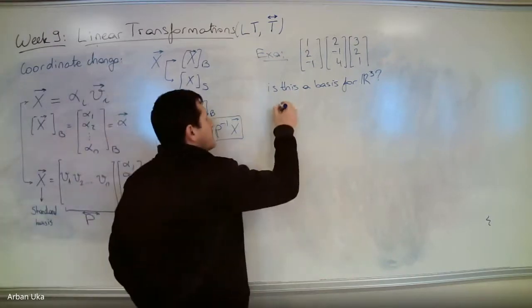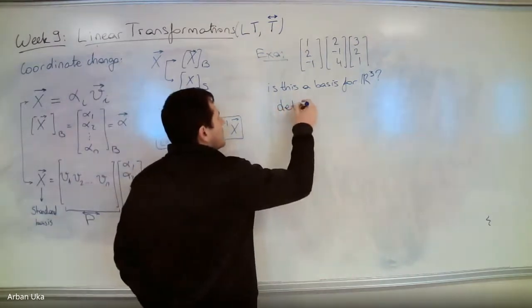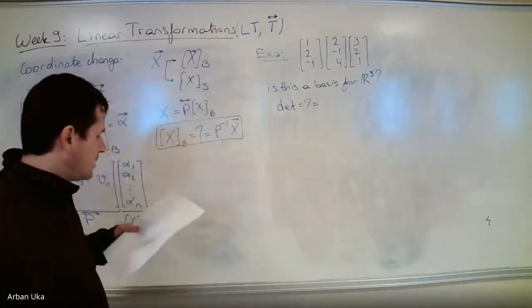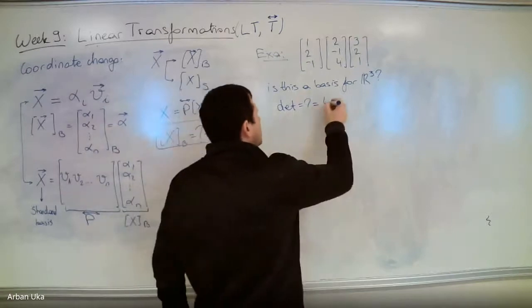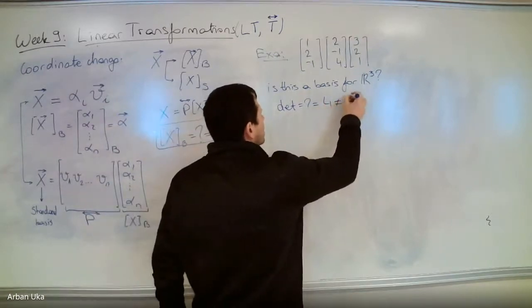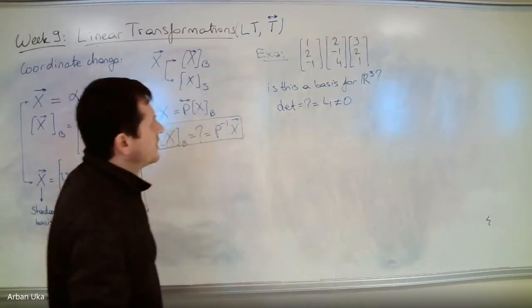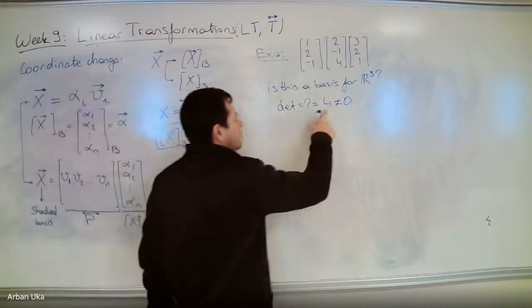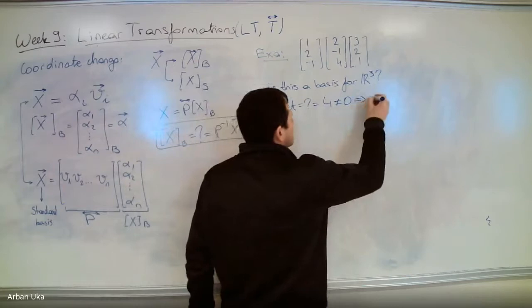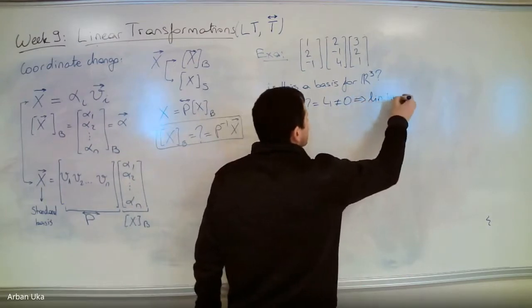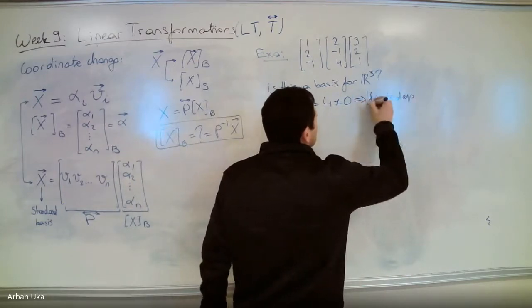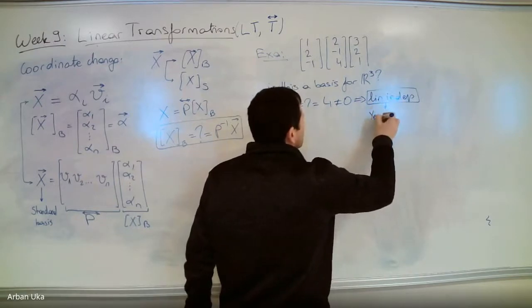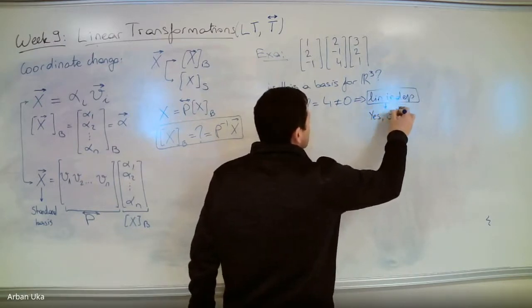The simplest thing is to check the determinant. If we calculate the determinant, we get a 4. If the determinant is different from 0, this implies that they are linearly independent. If they are linearly independent, we say yes, they constitute a basis.